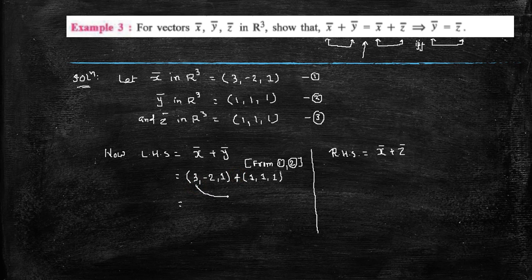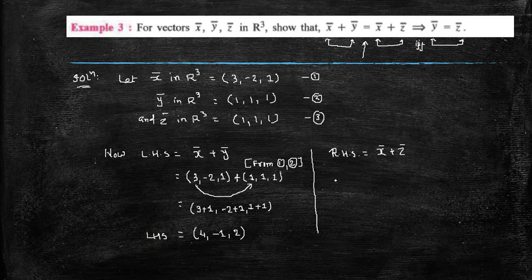The first element will be added to the first element of y. So it will give 3 plus 1, after that minus 2 plus 1, and after that 1 plus 1. So 3 plus 1 will give us 4, minus 2 plus 1 will give us minus 1, and 1 plus 1 will give us 2. So this is what we have for left hand side.